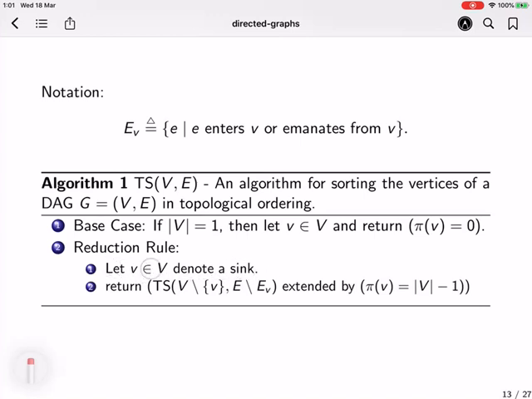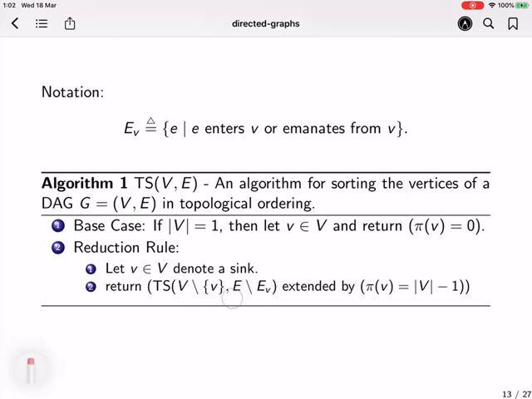And we're guaranteed to have one because we have a lemma that tells you if the graph is a directed acyclic graph, then it has a sink. Okay, so v is a sink in the graph. Now what do we do? We take v and we remove it from the set of vertices, and we remove from the set of directed edges all the edges which are incident to v.